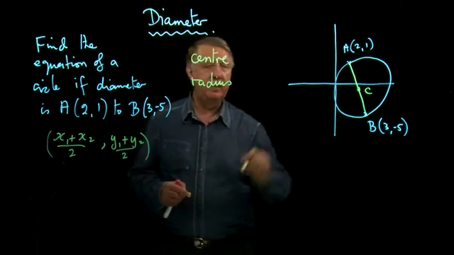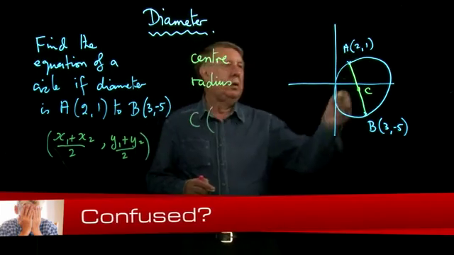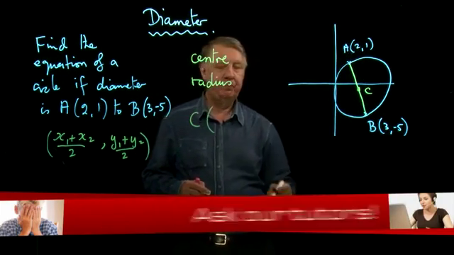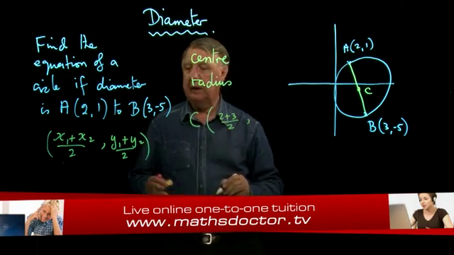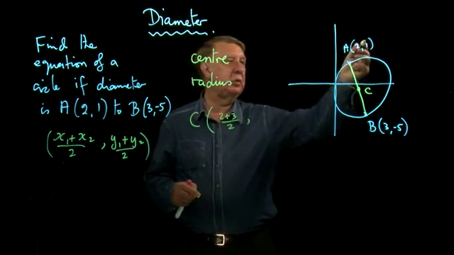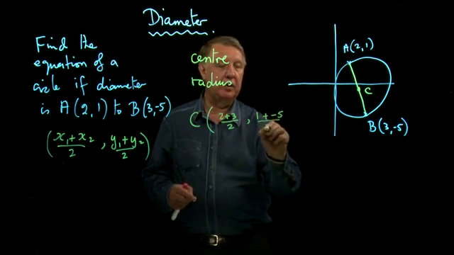So for this example here, then C, 2 add 3 over 2, and y1 plus y2, 1, add negative 5 over 2.